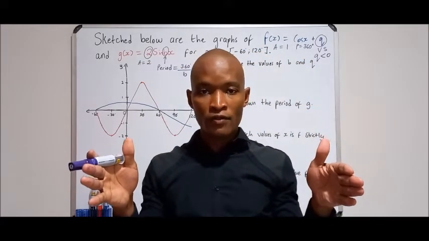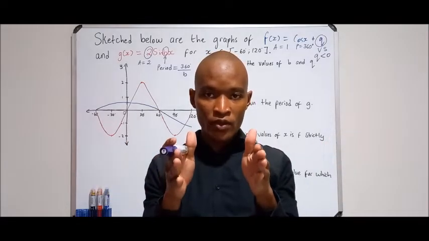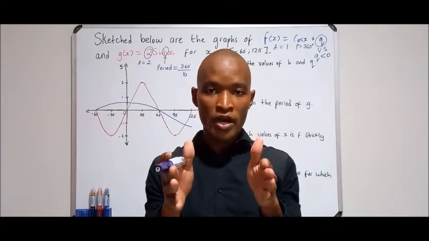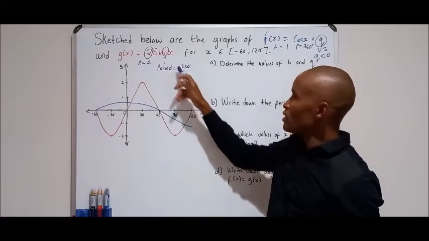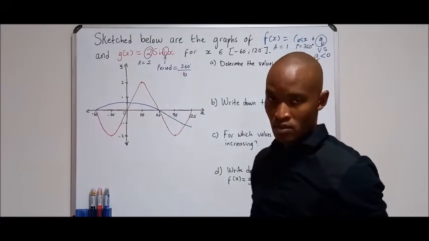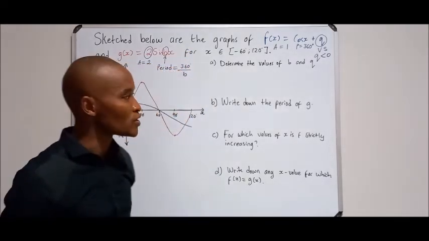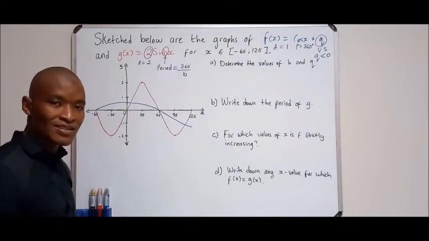This original graph from 360 went to 120. So it has undergone what is called a horizontal compression, by multiplication of a factor b, and that b will be what? Will be 3, because 360 divided by 3 is 120. Okay, so I believe you are with me so far and I'm making sense.